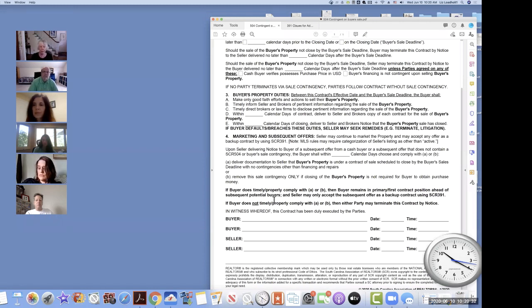So if the buyer complies with either A or B, then they remain in primary contract, and the seller cannot accept any other offers except as a backup. And they again have to use 391 for the backup contract. If the buyer does not do either A or B, then either party can terminate the contract by giving notice to the other one.